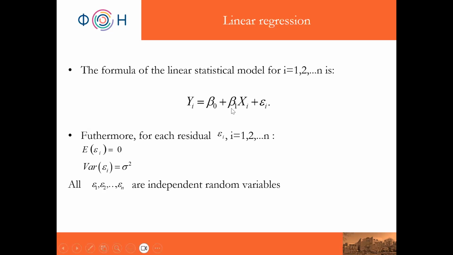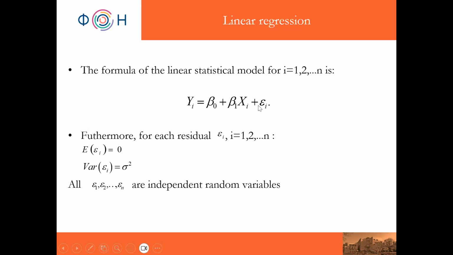If beta 1 is less than 0, if x i increases, y i is going to decrease. So based on the value of beta 1, the coefficient which stands next to x i, we know the direction and the type of relationship between the two variables.